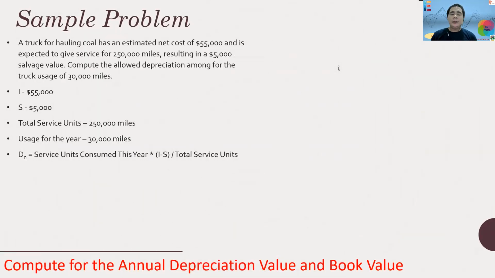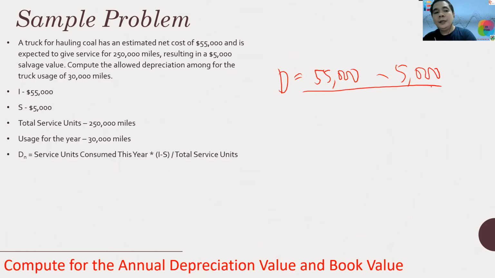So, knowing that your depreciable value is equal to 55,000 minus the 5,000, that is your depreciable value. Okay? Over the service value of 5 years, divided by the number of miles, the expected service capacity.